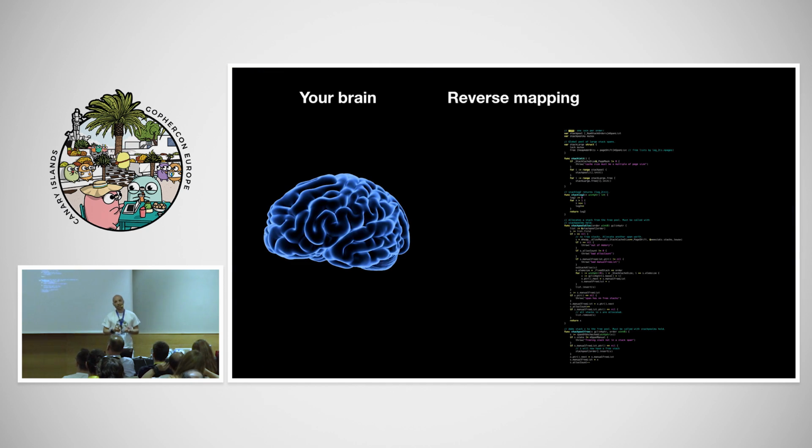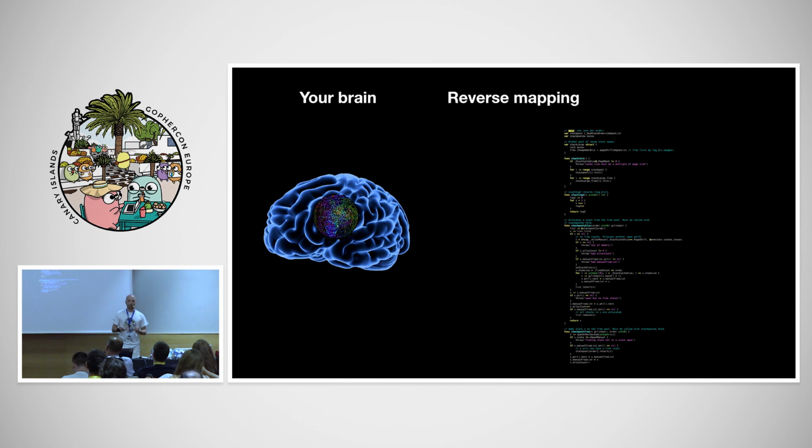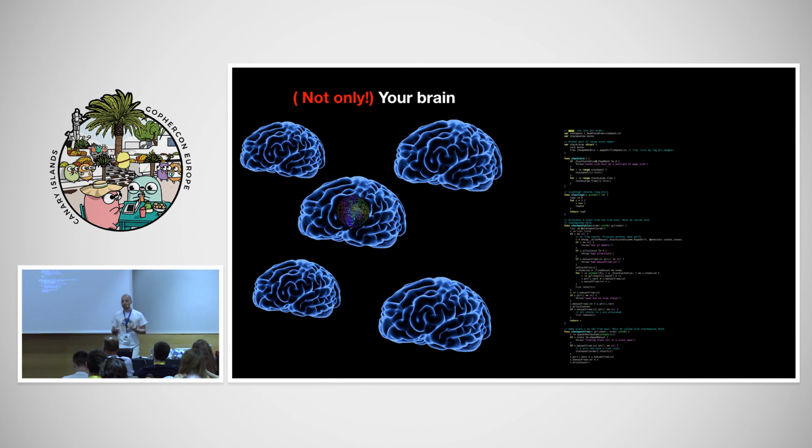But the real challenge with code as a map is to make this map reversible. You have to be able to read the same code and restore the same mental model in your head. And I mean really those same groups of neurons should be excited when you read the same code. And that's super hard. But to make things worse, you have to make it work for other brains as well.